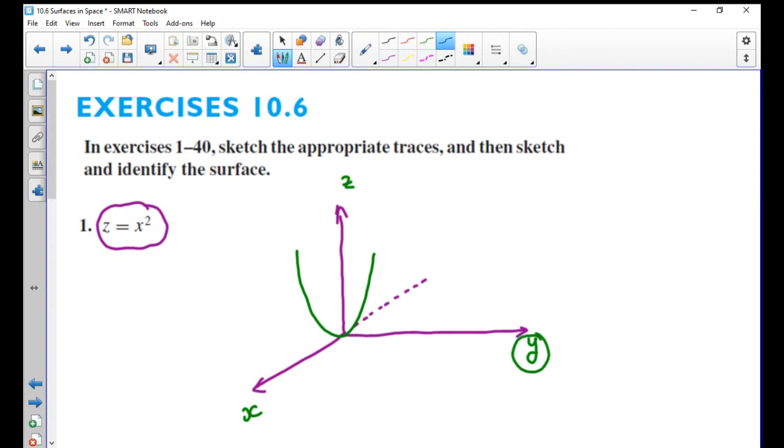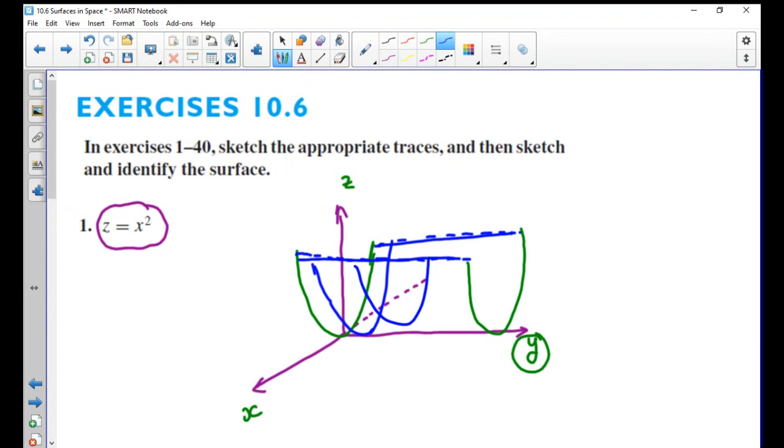So what you will then get is something like this. Can you see this, roughly? So the parabola keeps going like this.